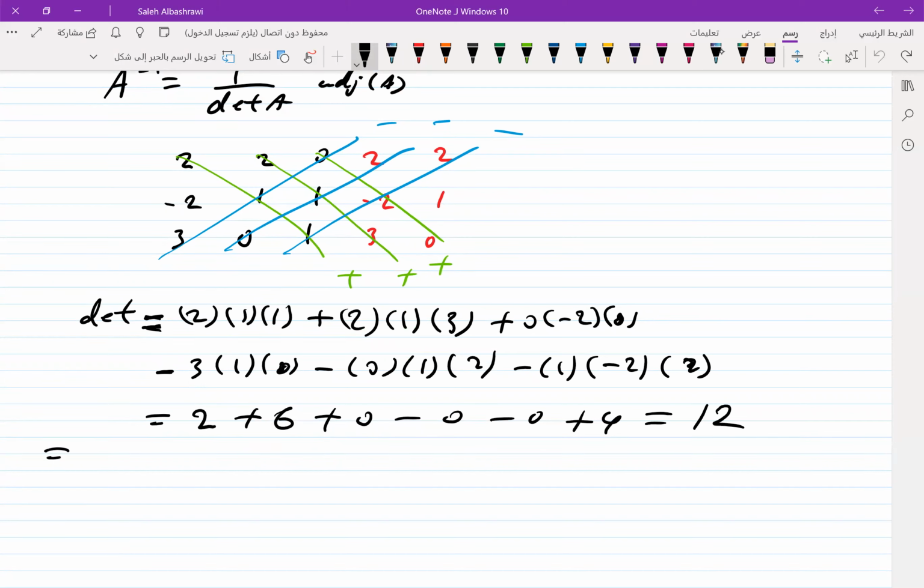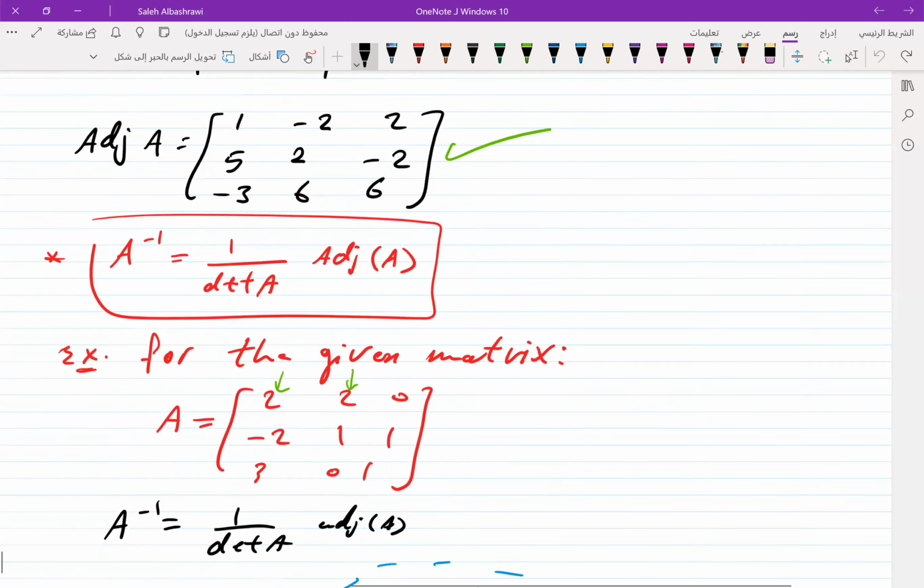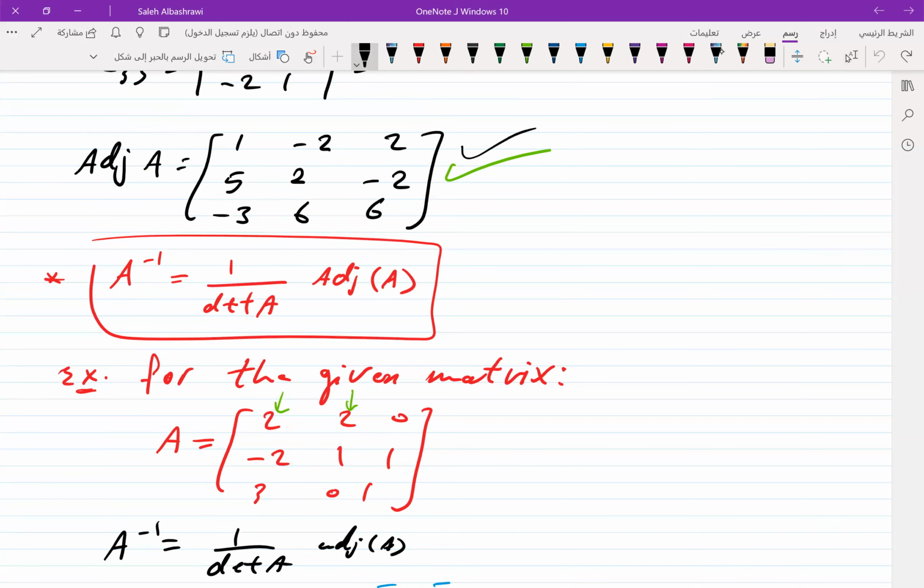So the inverse is equal to 1 over 12 multiplied by the adjoint of the matrix A. This is the adjoint, we found it before.